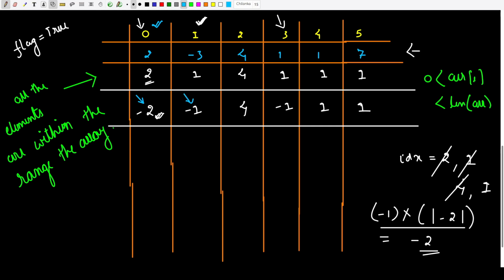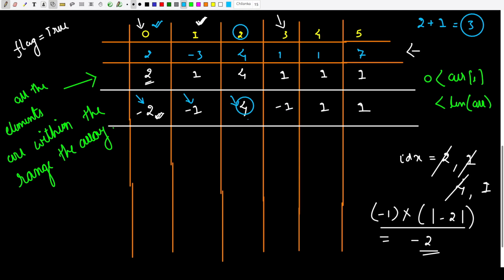Again, this element is also negative, so we know that 2 exists in our array. Now this is a positive integer. Since this is a positive integer, this simply means that this index does not exist in the array, and the index we are looking at is 2. So the answer will be 2 plus 1, which is equal to 3. So 3 is the missing positive integer, and this is what we are going to return.